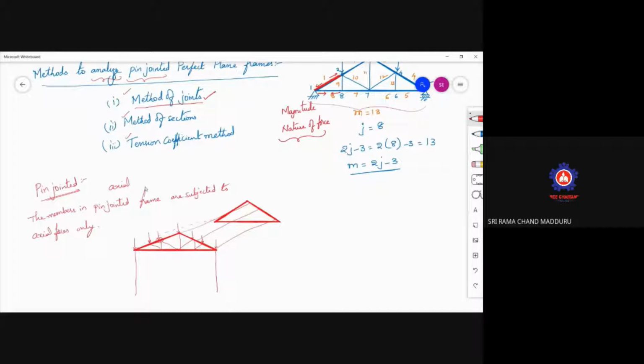These axial forces are, one, compression, and second, tension. So the force is considered as axial.